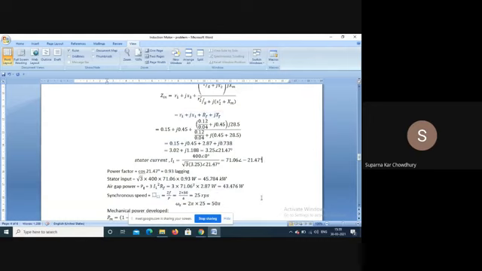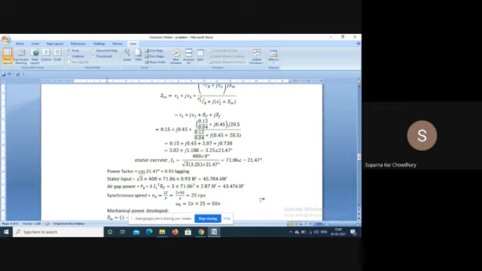So putting the values, we will get air gap power equal to 43.476 kilowatt. So synchronous speed in RPS will be 2F by P. So it is 25 RPS. So omega is equal to 2 pi into 25, so 50 pi.